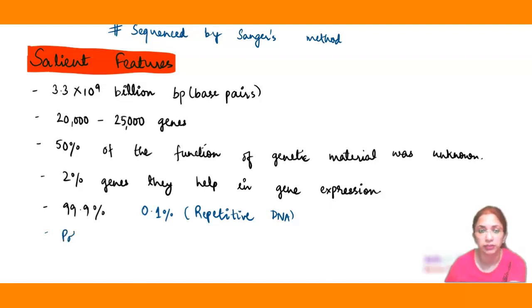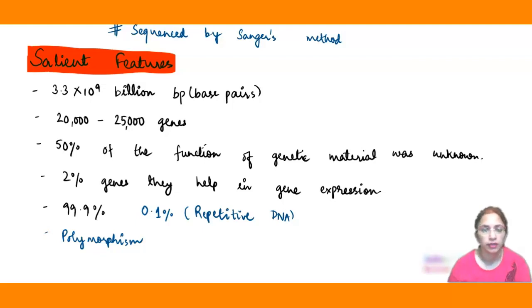It exhibits polymorphism. Okay. So polymorphism means, poly means many, morph means the look. Because the repetitive sequences are different in your body to mine, that is why it was said that polymorphism is there in the human body, right?